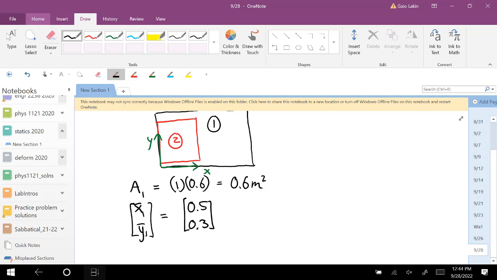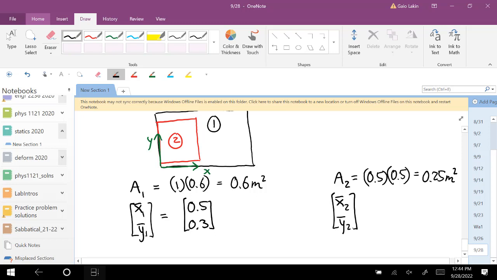And then for that square, the area is 0.5 times 0.5. So 0.25 meters squared. The centroid of that thing, for X, it's easy.